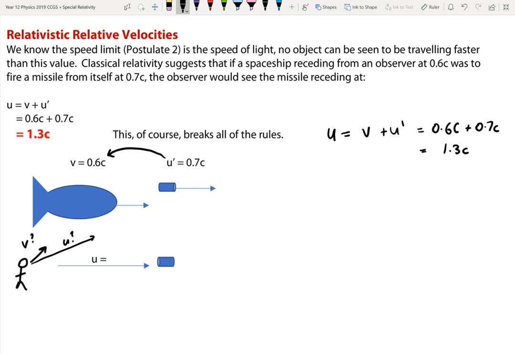Obviously the classical mechanics says that it is not going to be 1.3. What we need is the Lorentz factor. It's been tweaked a little bit, and we have two equations that appear in our data sheet, but it basically brings that velocity back to below the speed of light. It prevents us from breaking the rules.